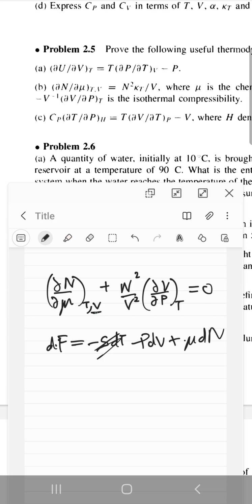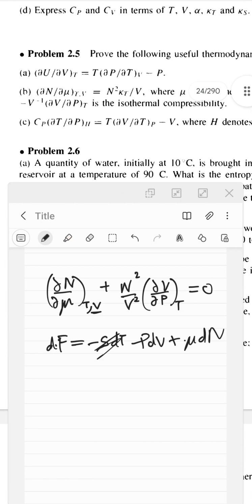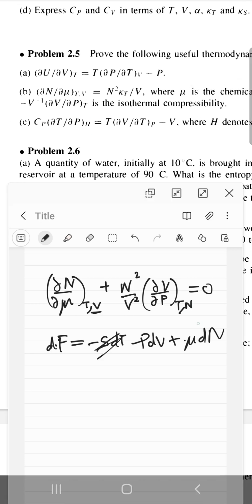This term is at constant volume, right? And what about this term? Well, that's obviously at constant N, because that's just the way it is, right? Yeah, so the variables that you want to switch now are V and N essentially, right? This whole equation we can also write differently.